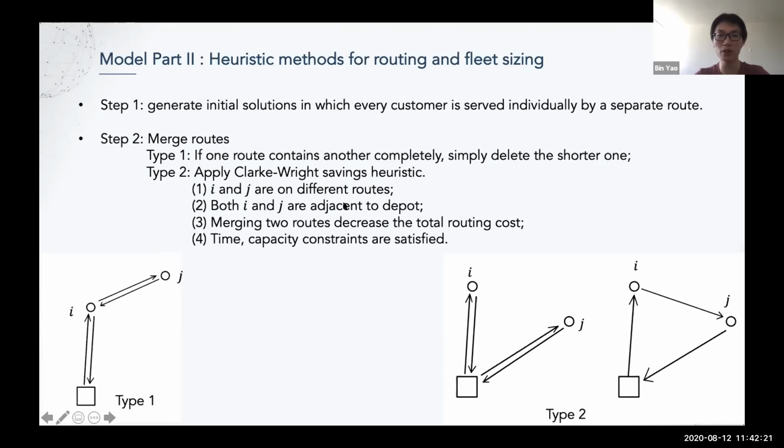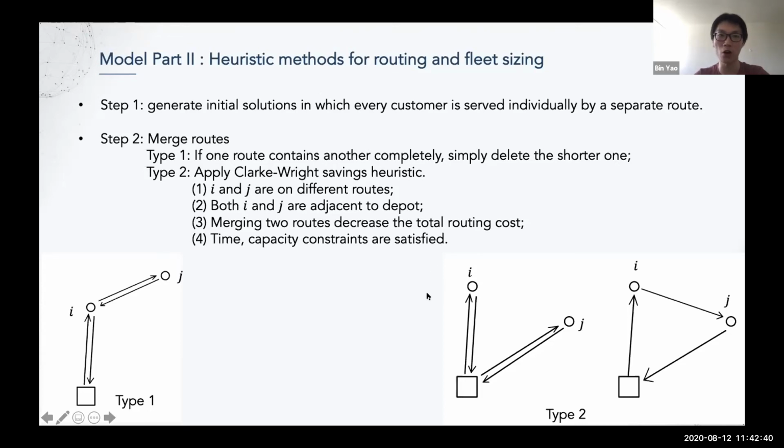Then we see whether the routing cost decreases, and also whether all the constraints are satisfied. If both are satisfied, then we can merge these two routes to reduce the number of vehicles. And we repeat this step until we cannot find a better solution.